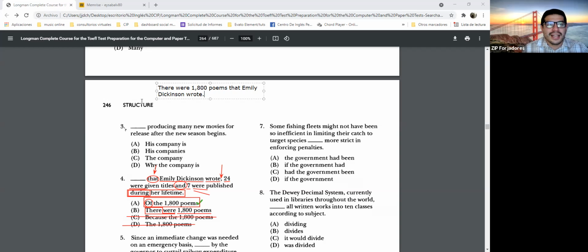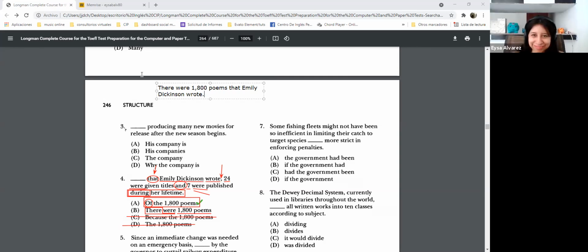So that means that I have to have a prepositional phrase. I need a prepositional phrase instead of a connector, a subject or something like this. I just need a prepositional phrase, and that's it. That's why it's letter A.